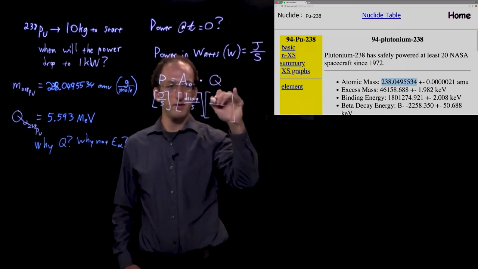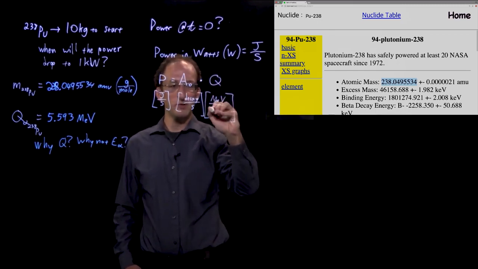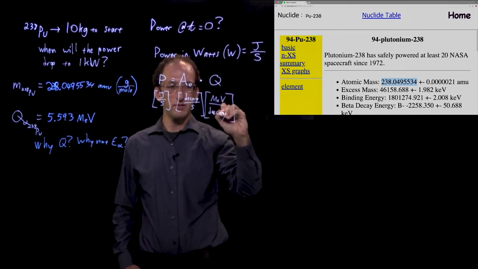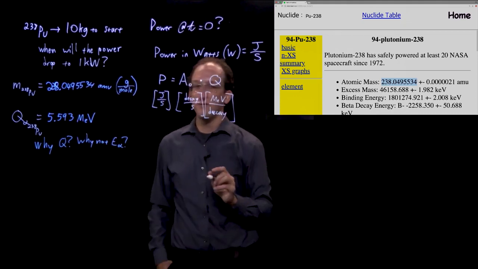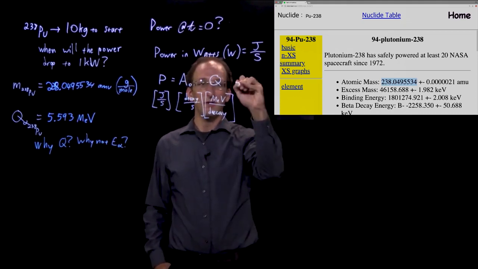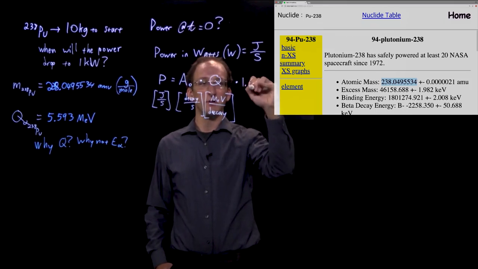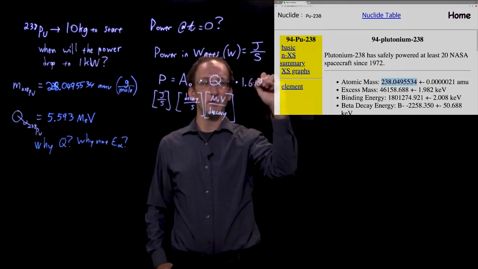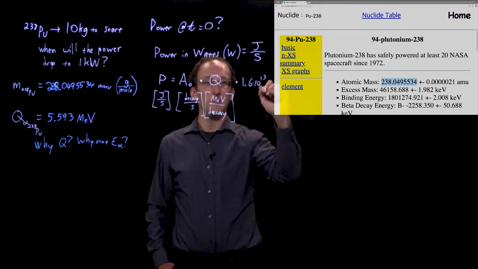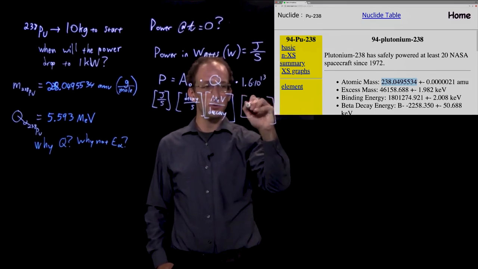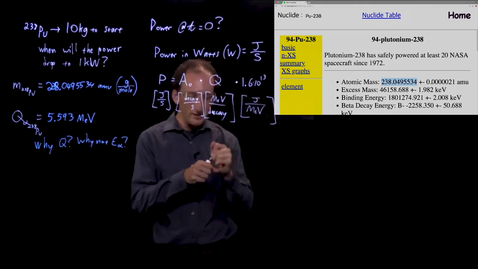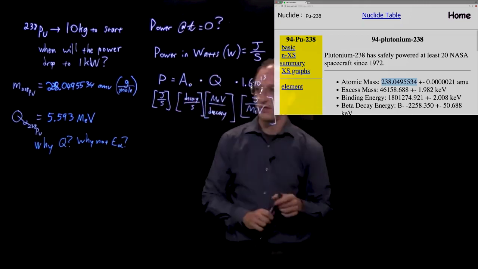And this is given in MeVs per decay, which is to say that each singular decay gives us 5.593 MeV of energy times a conversion factor, 1.6 times 10 to the minus 13. And in this case, this is in joules per MeV.